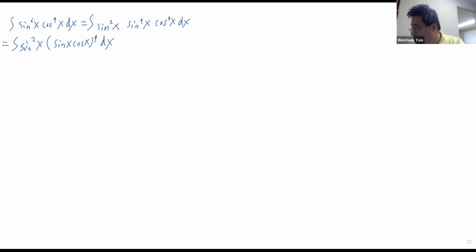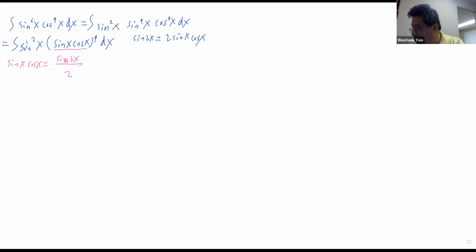Well, because the double angle formula says sine of 2x equals 2 times sine x cosine x. So this quantity here, sine x cosine x, should be half of sine 2x.